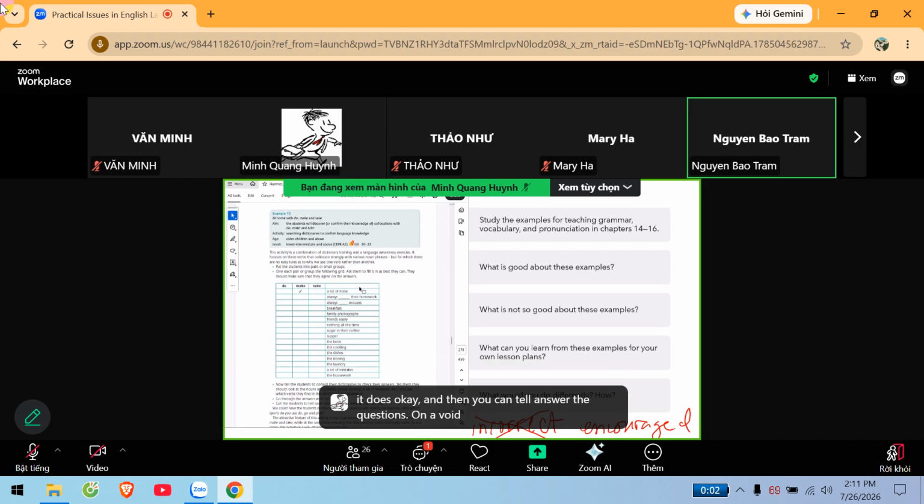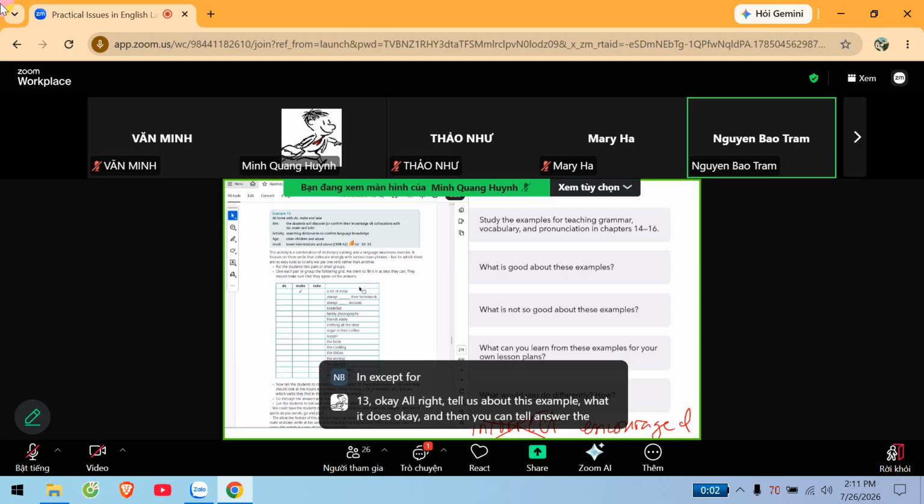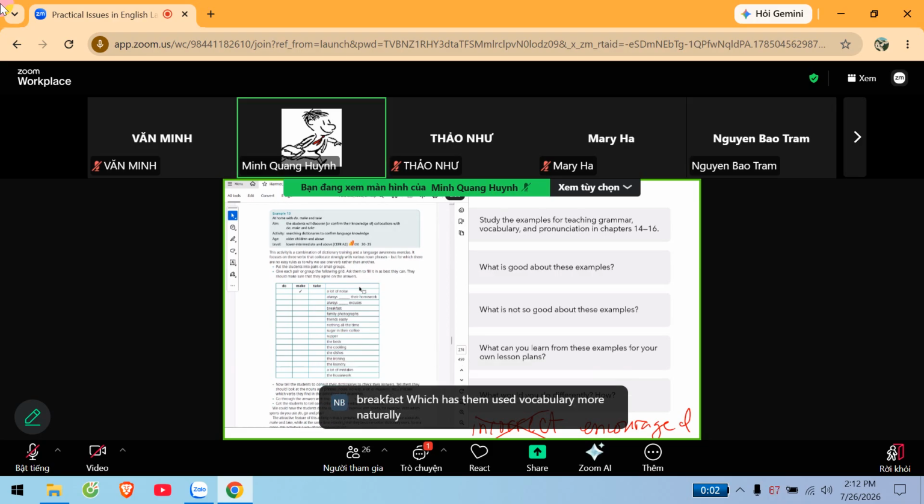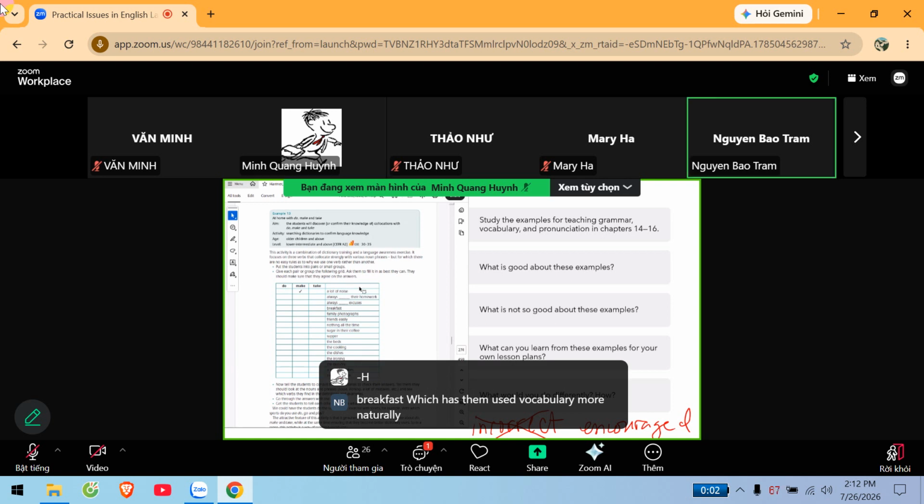In example 13, students learn common collocations such as do homework and make breakfast, which helps them use vocabulary more naturally. The activity also teaches students how to use dictionaries effectively and promotes learner independence.